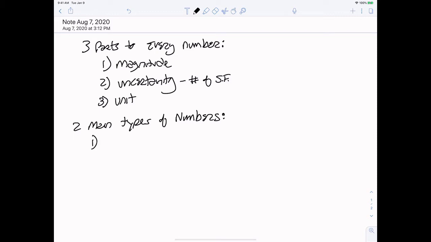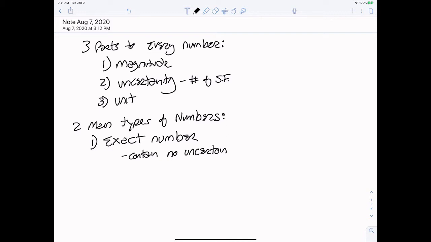The first one are exact numbers. And exact numbers are actually just that. They're exact, meaning they have no uncertainty. So they contain no uncertainty. In general, the more significant digits you have, the more certain the number is.